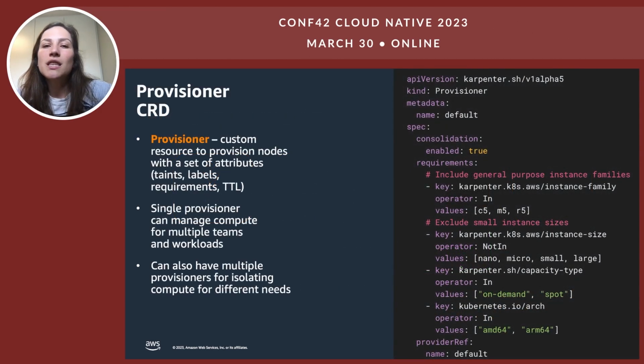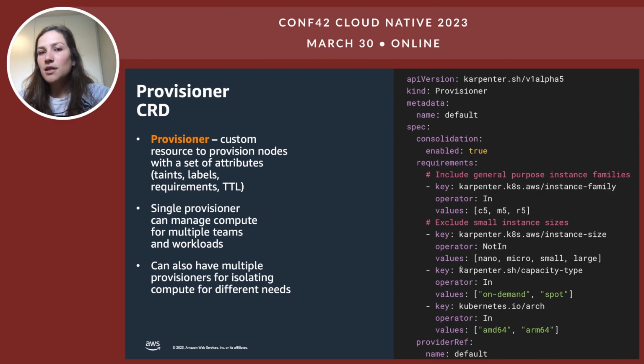So Karpenter is implemented in Kubernetes as a custom resource definition, which is really cool if you think about it, because it's Kubernetes native and you don't need to manage any resources that are external to your Kubernetes microcosm. The Provisioner CRD holds all the configurations related to the compute that you want to work with in the cluster.